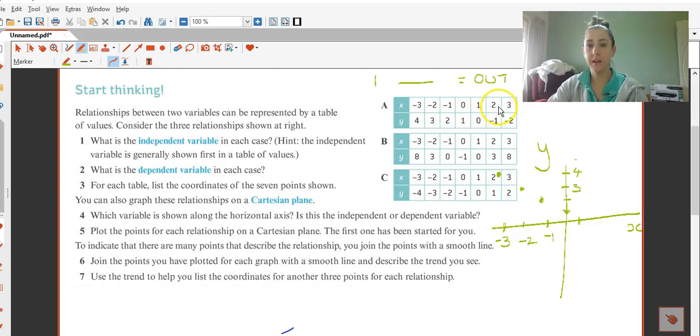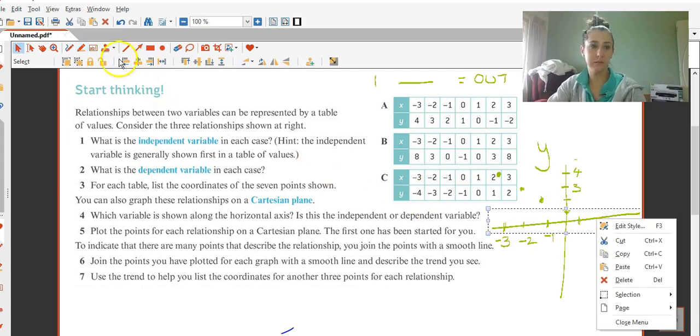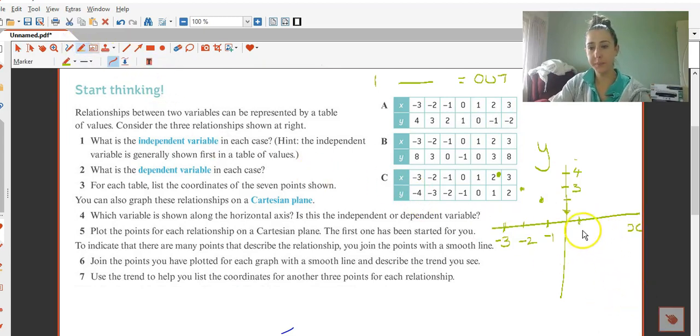Where my x is 2, I come down to negative 1. So here, so x is 2, negative 1. Okay, my x is 3, negative 2.